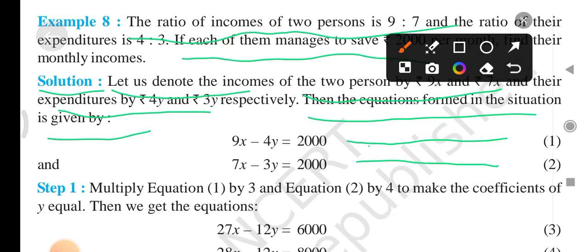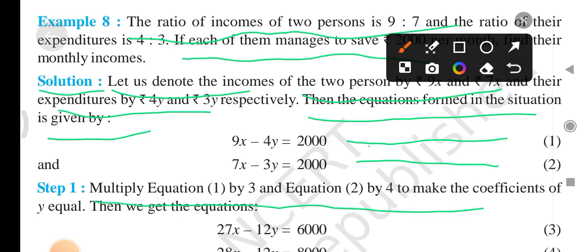Step 1. Multiply equation 1 by 3 and equation 2 by 4 to make the coefficients of y equal.